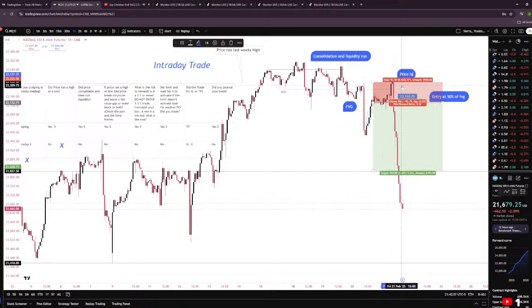Price hit stop loss due to price retesting the weekly high.